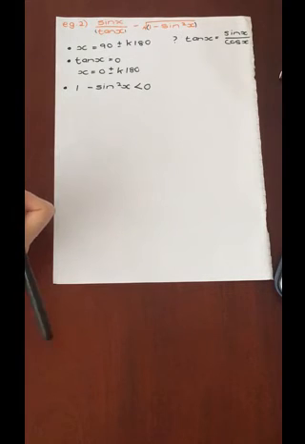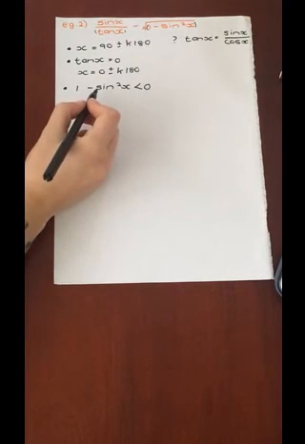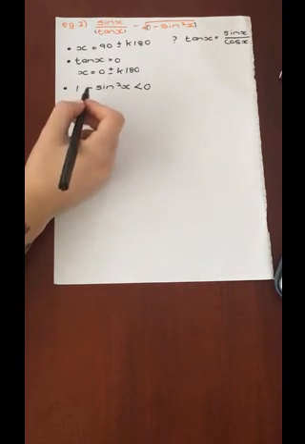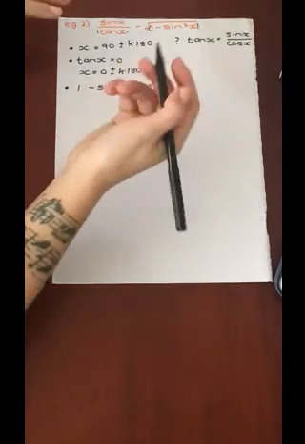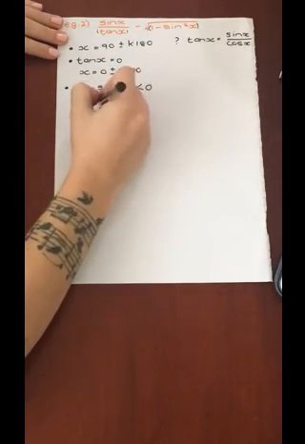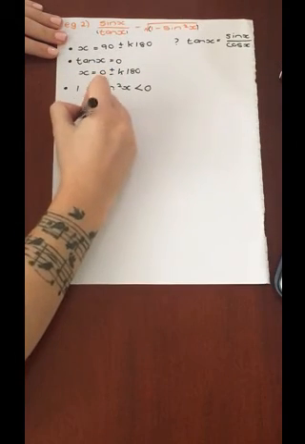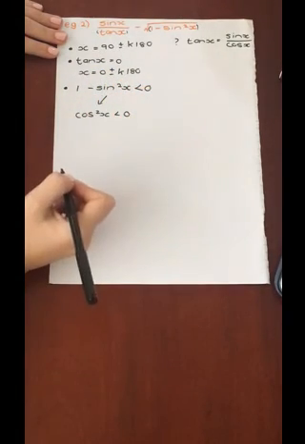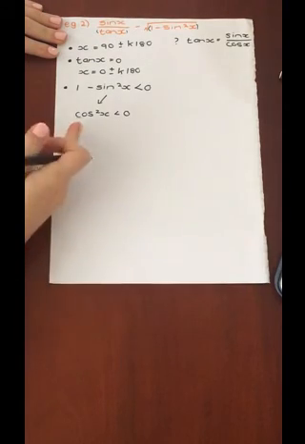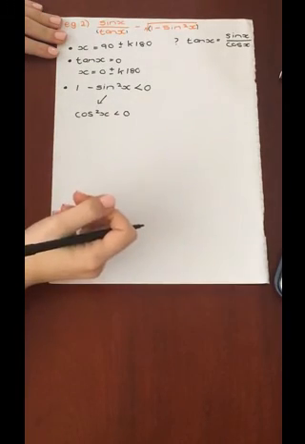The first thing is, do you remember that 1 minus sine squared x is just cos squared x, right? So do the solution first: cos squared x is smaller than 0, okay? Which doesn't happen, that never happens.